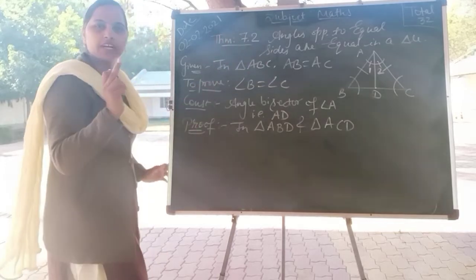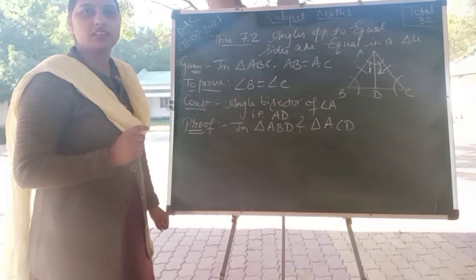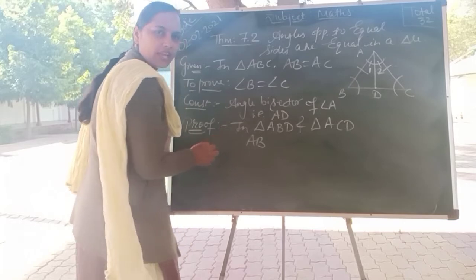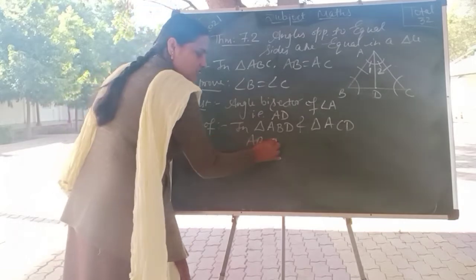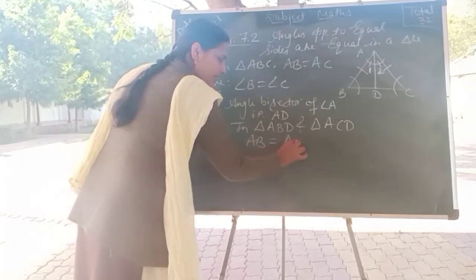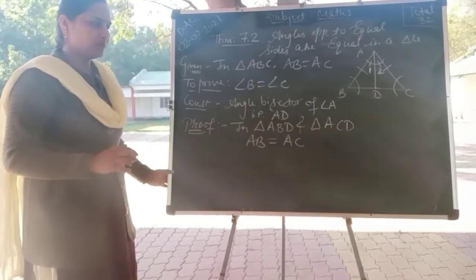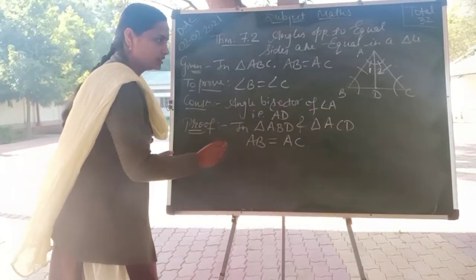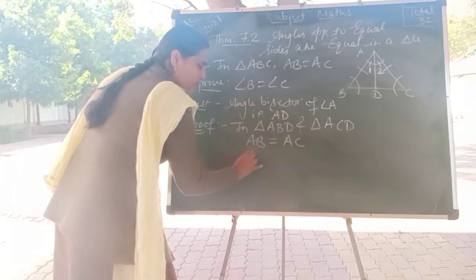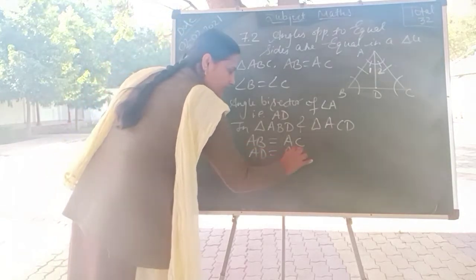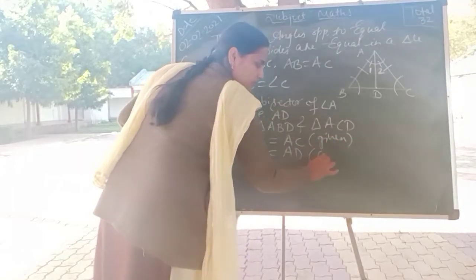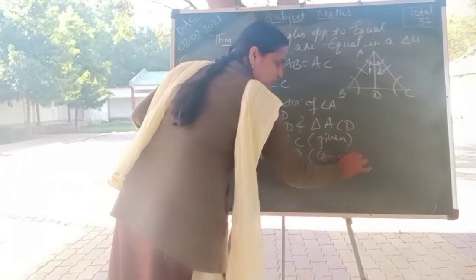There are two cuts in the sides. We are given AB equals AC. Done, one part is done. Now next, by construction, AD is common. AD equals AD. It is a common side for both the triangles.